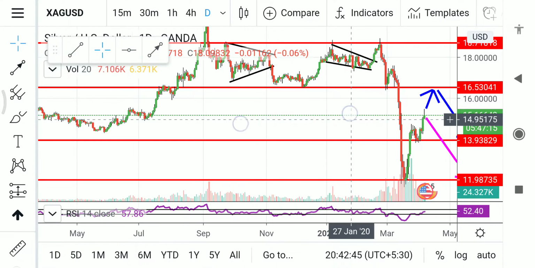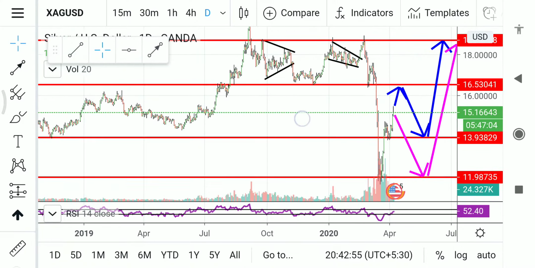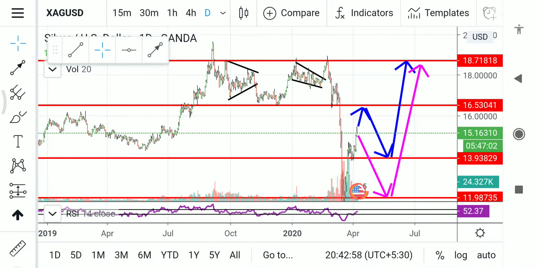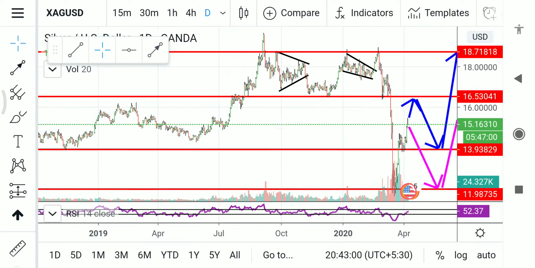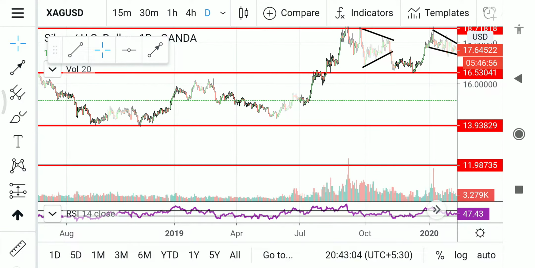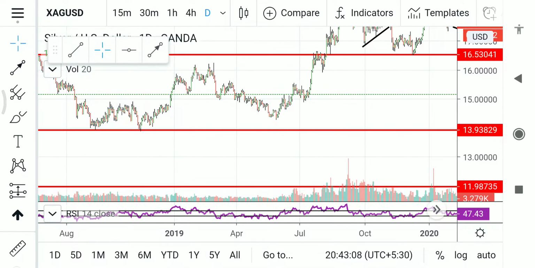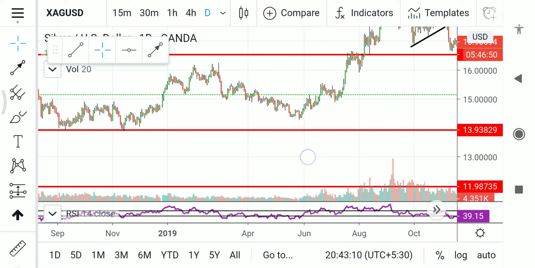I have not marked data from 4 years, 5 years, or 10 years. I just marked the recent highs and lows, from the start of this year or last year. From the last year, I can show you where it took support.